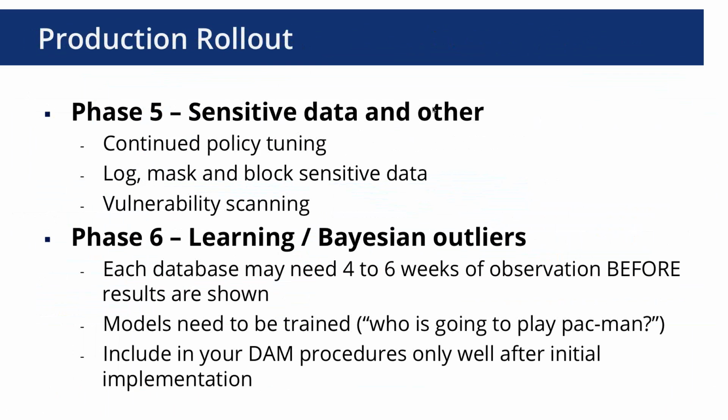Last but not least, just going back to the Bayesian outliers, each one of these tools that offers that really needs a number of weeks of observation before it'll start displaying results. But as much as during the sales process the sales team might get you excited about the capability of this, the fact of the matter is that someone has to train the models, right?